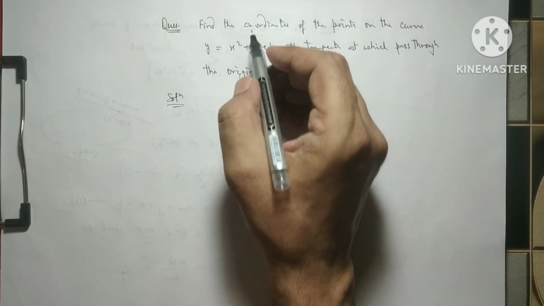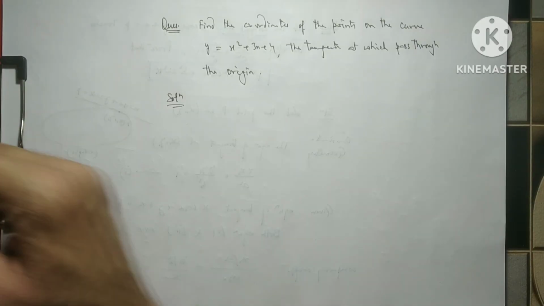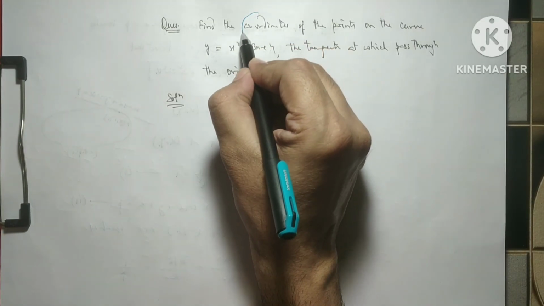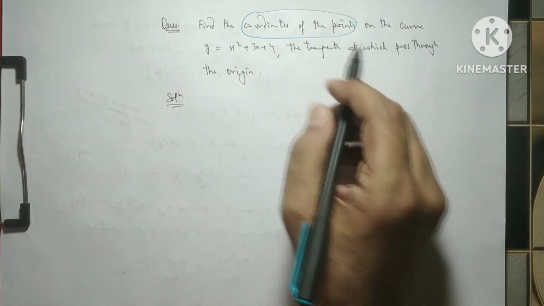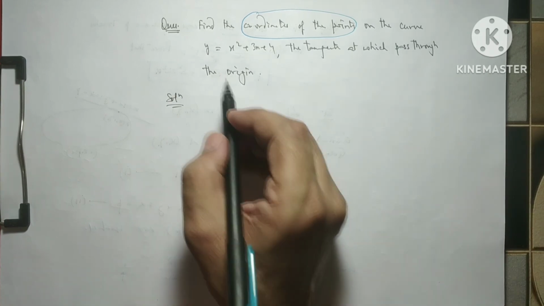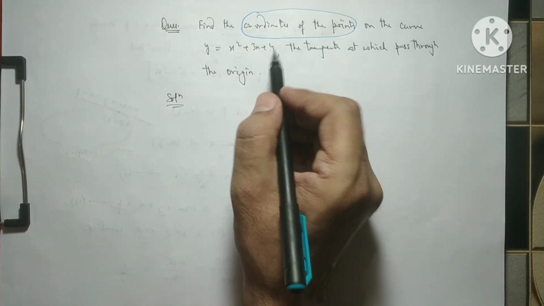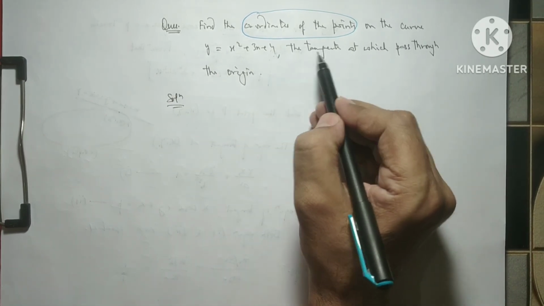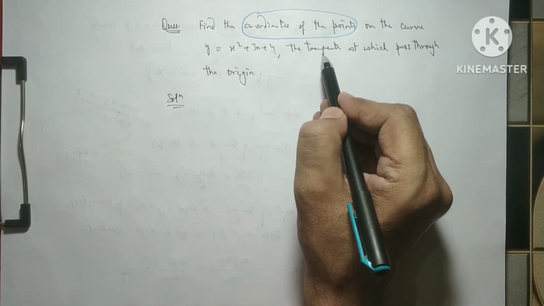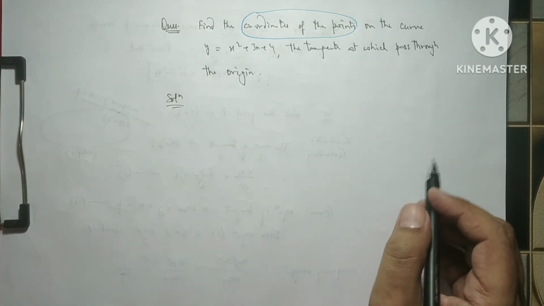So we want to find the coordinates of the points on the curve. The curve equation is this. The tangent at these points passes through the origin.